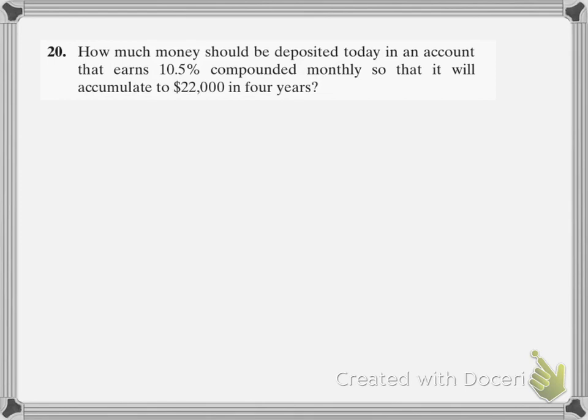Okay, let's try another example. How much money should be deposited into an account that earns 10.5% compounded monthly so that it will accumulate $22,000 in 4 years? Well, this is compounded monthly, so I'm going to use the periodic compound. It's not continuously.